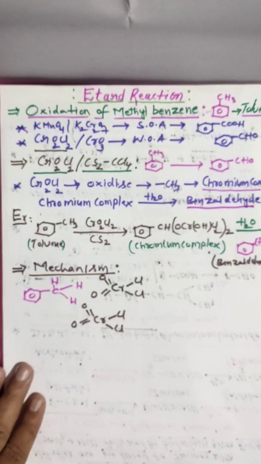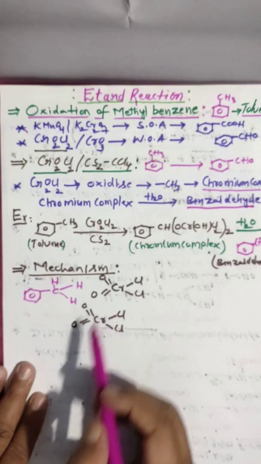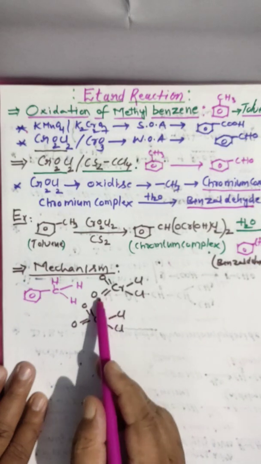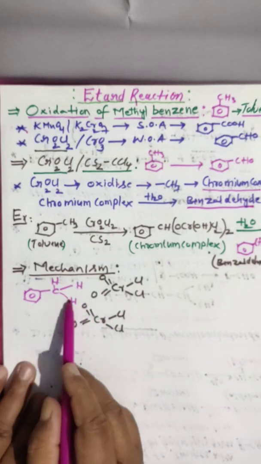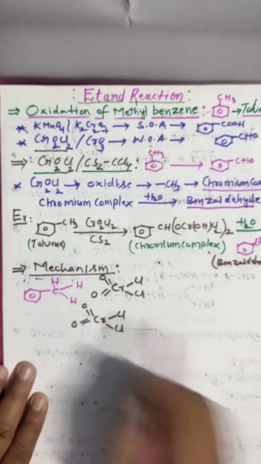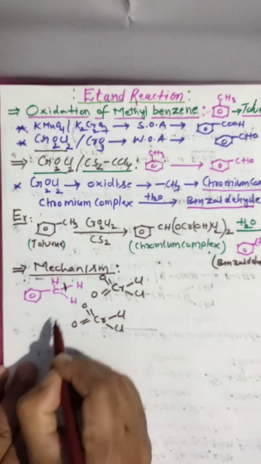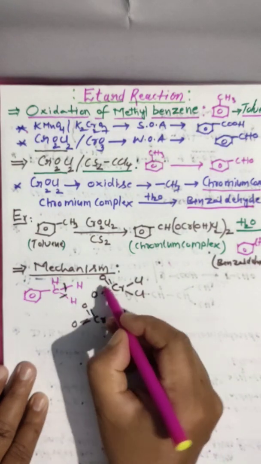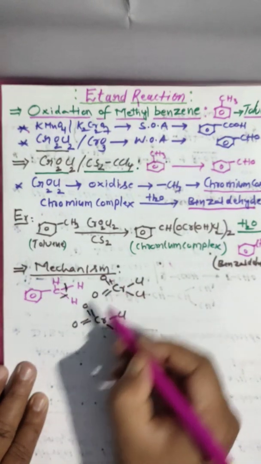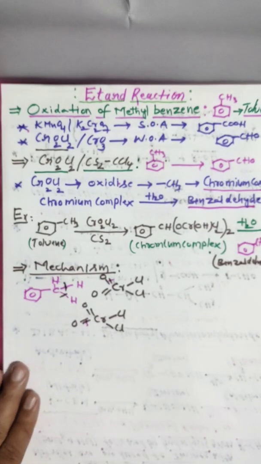What happened? Look here. All the double bonds between O and chromium undergo homolytic cleavage, and this C-H bond also undergoes homolytic cleavage, and the single bonds also undergo homolytic cleavage.